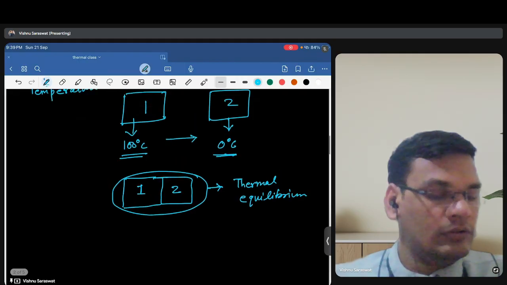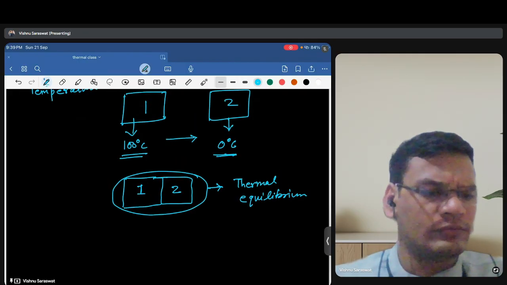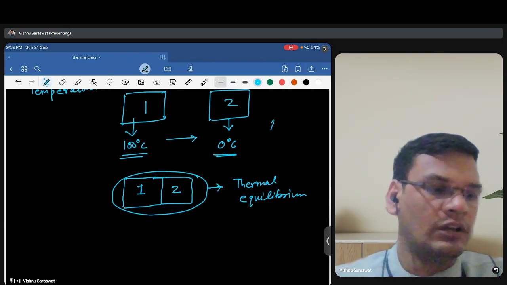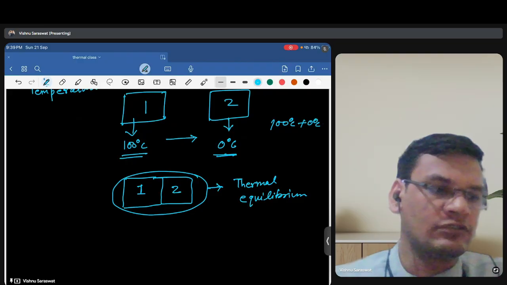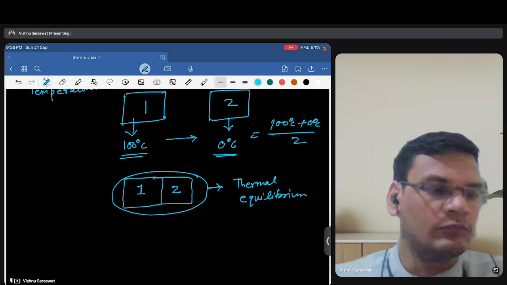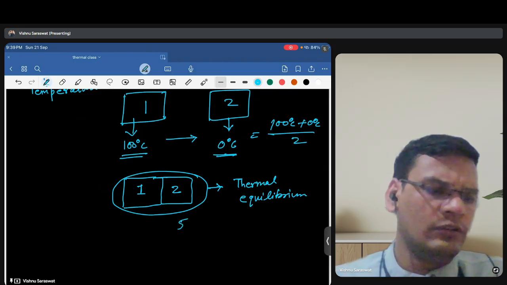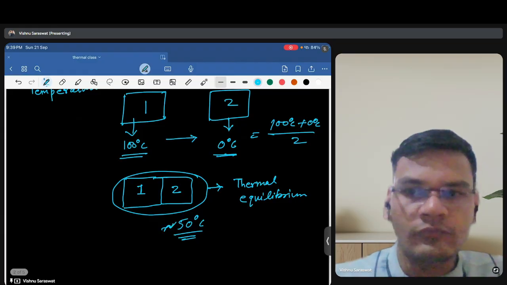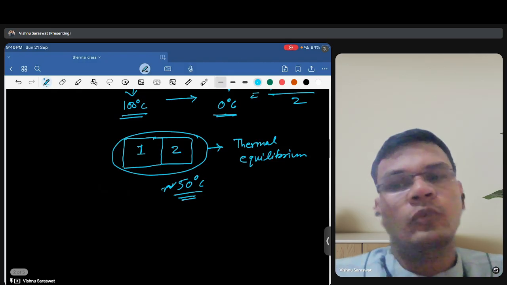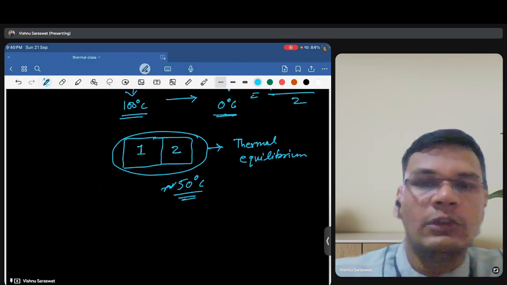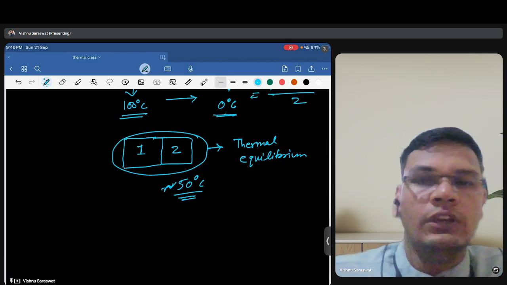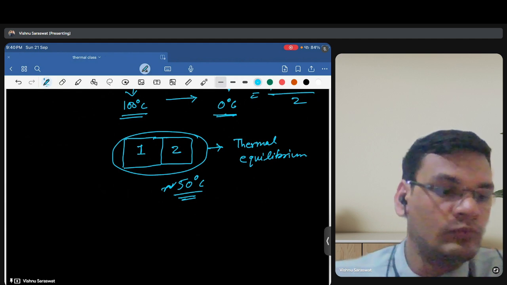So the temperature of this whole system is around 50 degrees Celsius, because we can calculate the average of both bodies, like 100 degrees Celsius plus 0 degrees Celsius divided by 2, using the average formula. So the bodies are said to be in thermal equilibrium when no heat flows from one body to another.